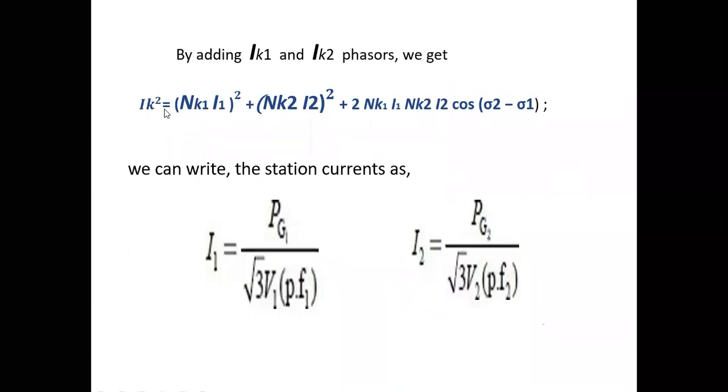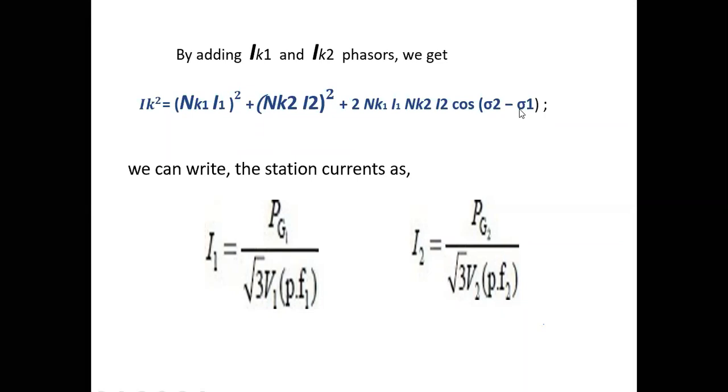So when you substitute here for IK square from the parallelogram law, I already told you the formula is P square plus Q square plus 2PQ cos theta. Here P is NK1 I1 and Q is NK2 I2, and theta is the phasor difference between I1 and I2, that is sigma 2 minus sigma 1.